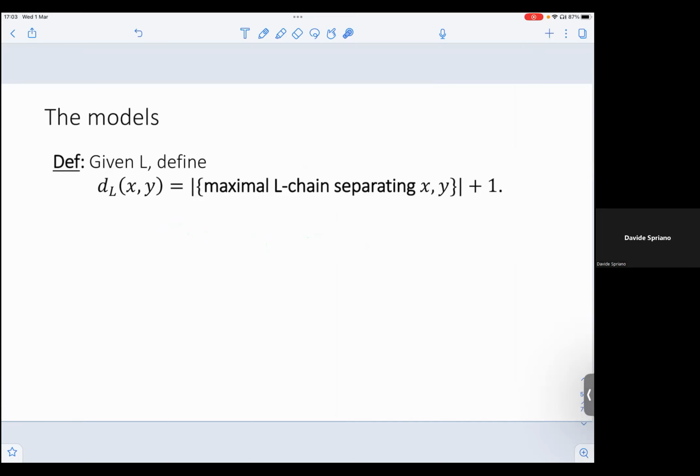This is essentially a technical artifact that is needed to make the triangle inequality work. The important bit is this one. So you essentially measure the biggest size of an L chain you can fit between 2 points. So if you think of the analogy with hyperplanes, this really covered the case of the flats.